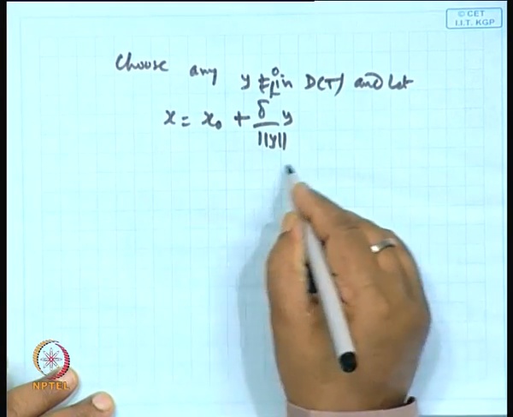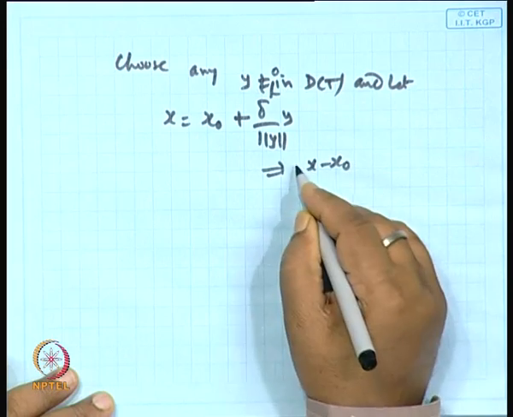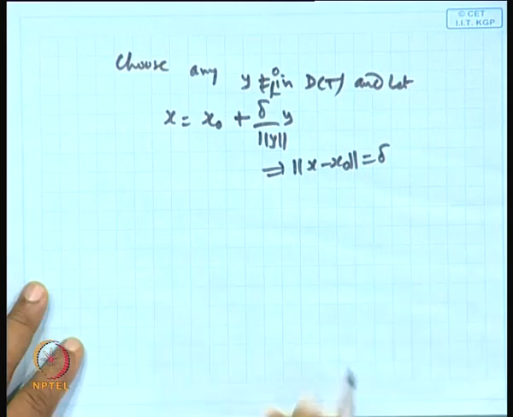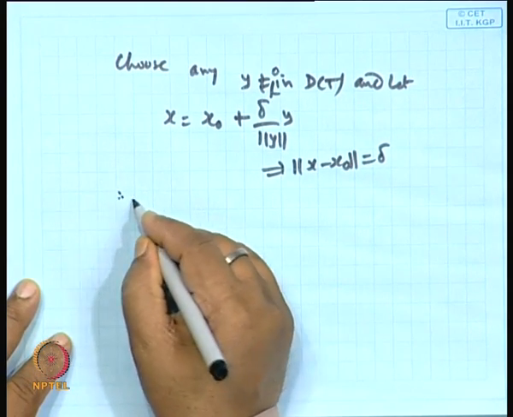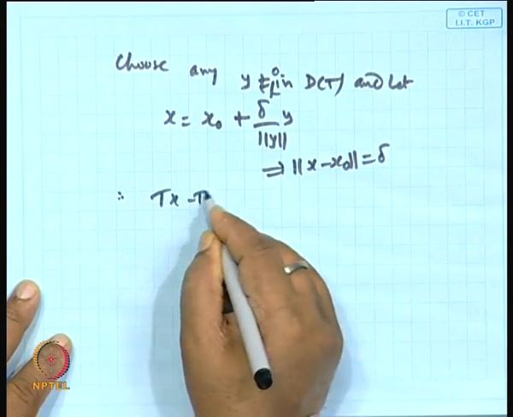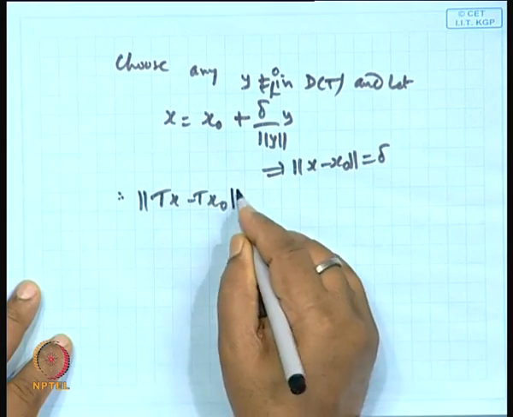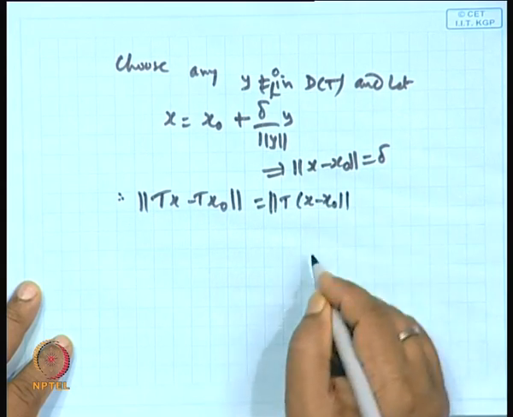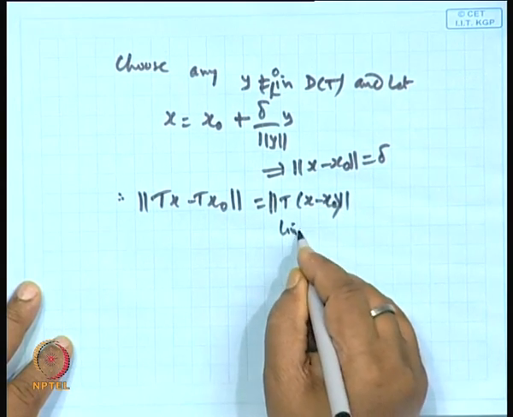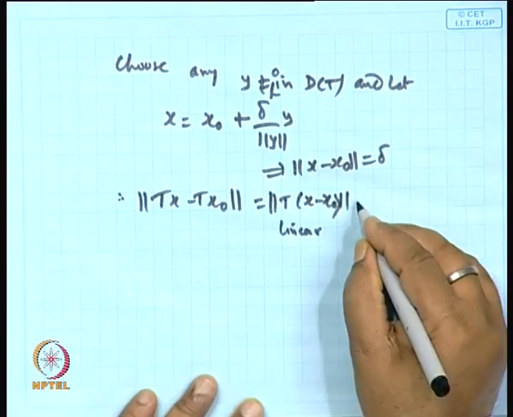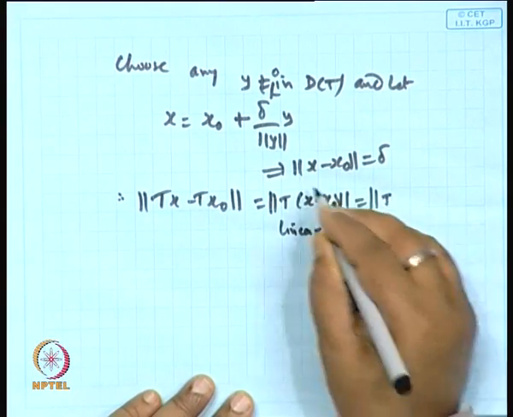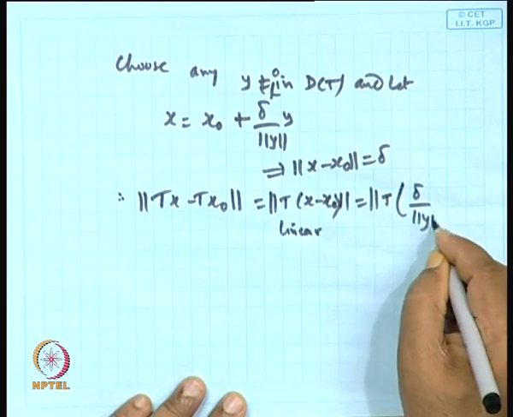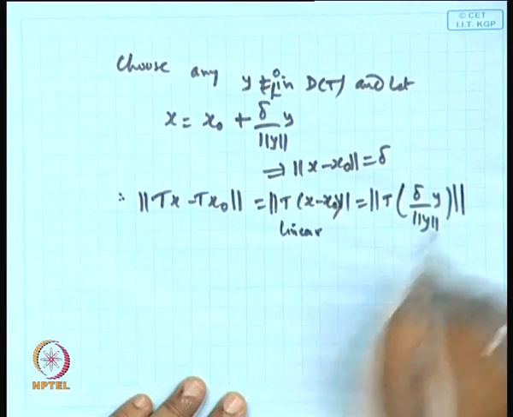Now, from here obviously norm of x minus x naught is delta. So, by definition of continuity, norm of T x minus T x naught is equal to norm of T(x minus x naught), because T is linear. Then this is equal to norm of T of (delta over norm y into y).